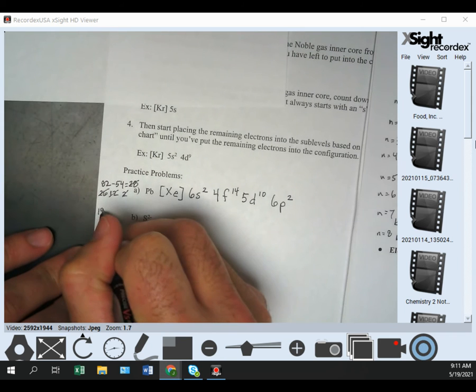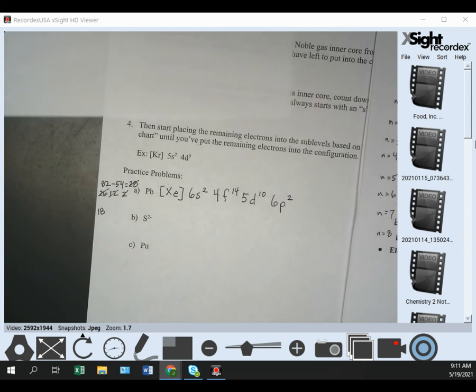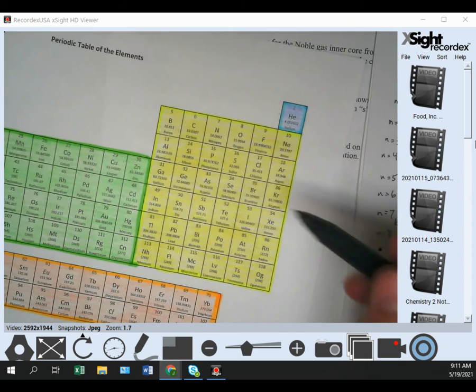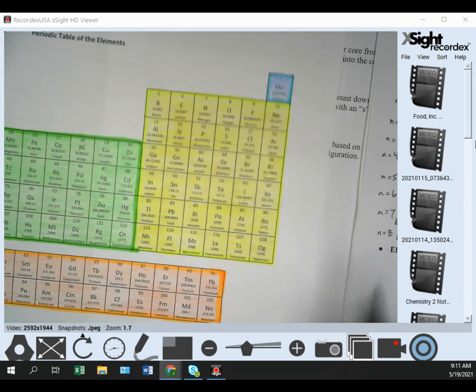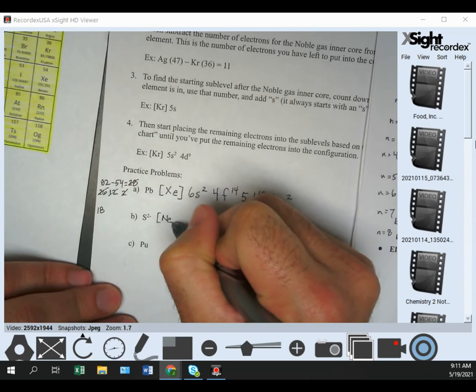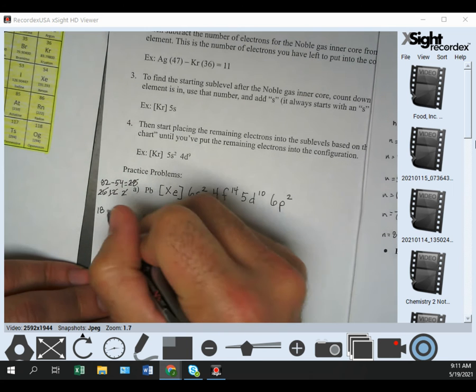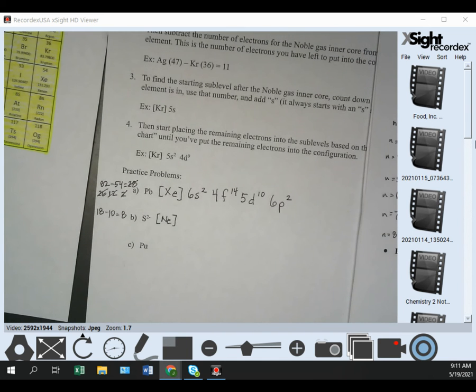So we're starting with 18. Okay, what is the noble gas inner core for sulfur? Good, neon. So we're here, right? We go up and to the right. So it's Ne. We put that in brackets. So we're subtracting how many electrons? 10. So we're left with 8 to put into sublevels, right?